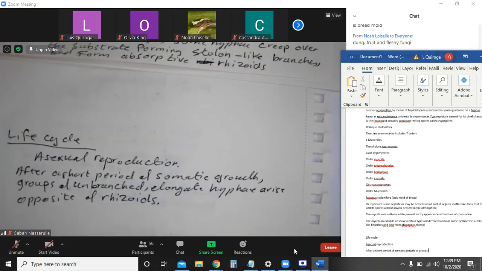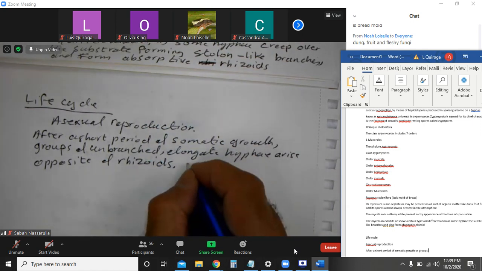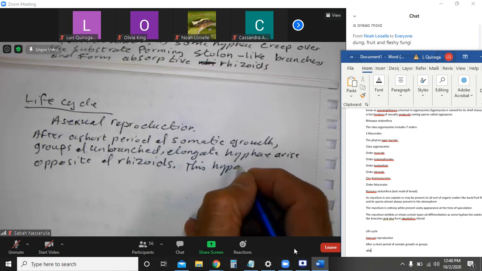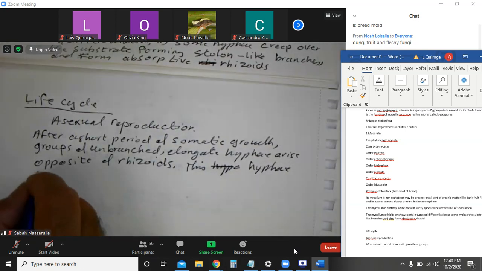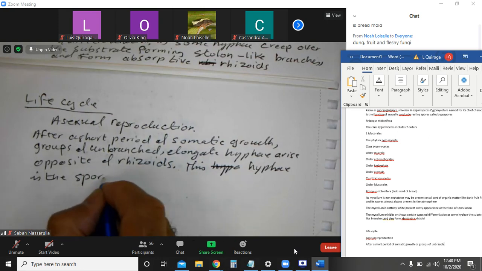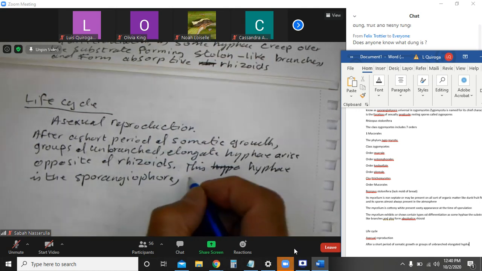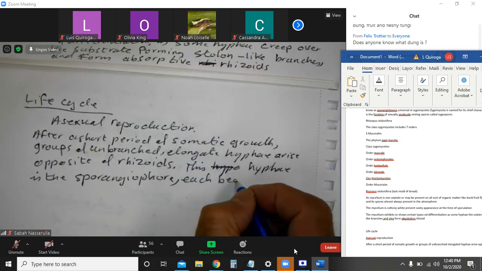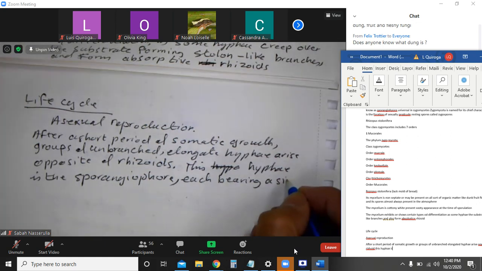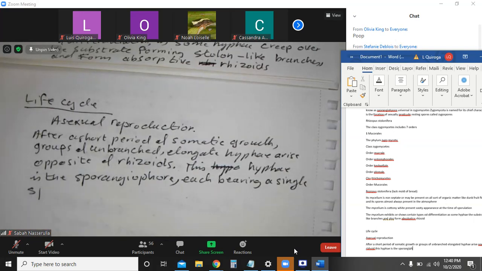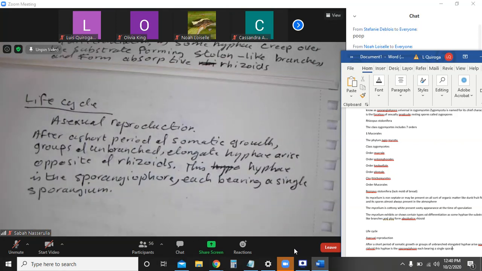Of course, these erect hyphae are the sporangiophores, each bearing a single sporangium.